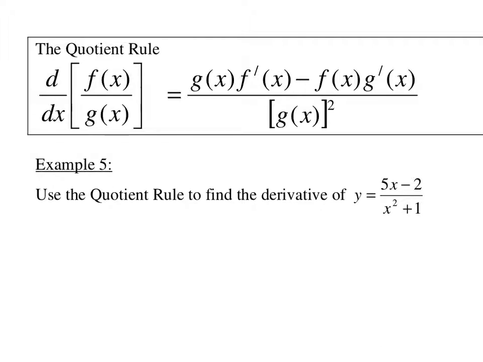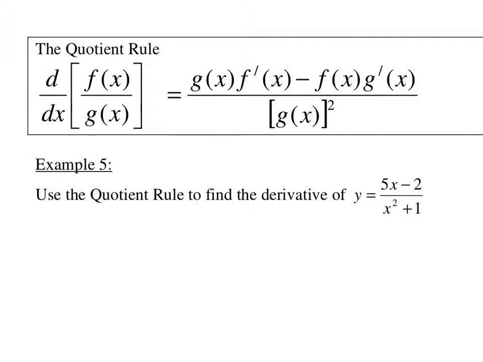It's g times f prime of x minus f of x times g prime of x, all over g of x squared. Yes? This one's not interchangeable on the top, because it's subtraction. You have to have it in the same order.